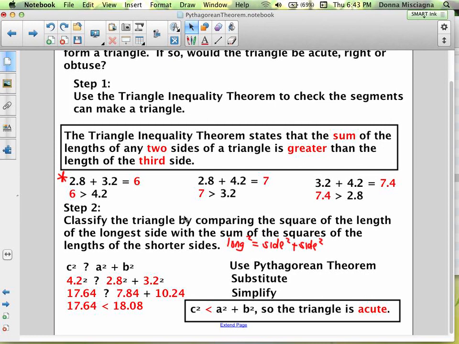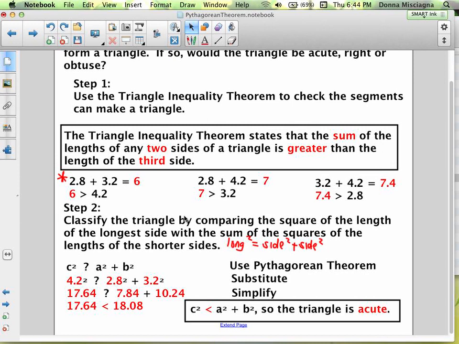When we add those up, we get 18.08. Since 17.64 is less than 18.08, in other words, c squared is less than a squared plus b squared, the triangle is going to be acute.